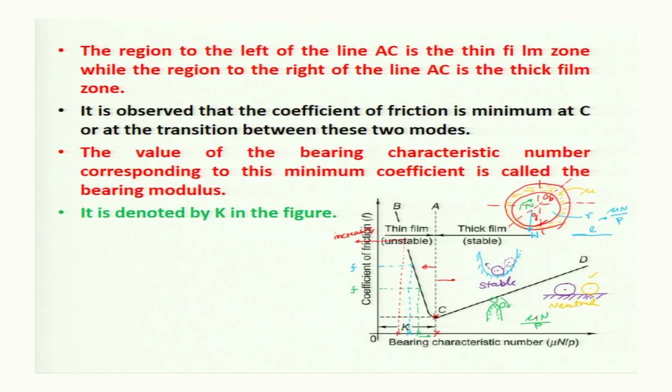The meaning is this mu n by p is further decreasing. It means you are moving in this direction. You are not coming back to the original equilibrium position, and that will happen if you are in the BC zone, this zone.